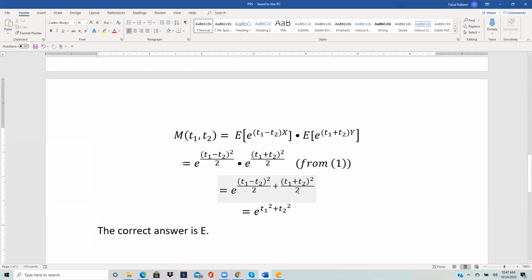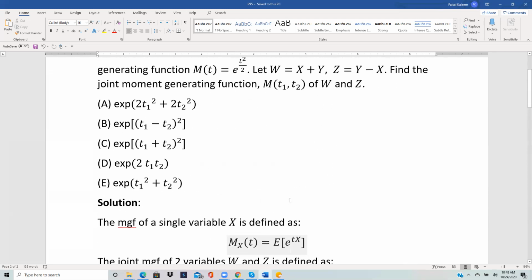You add them and the middle terms cancel out, and you have 2 t1 squared plus 2 t2 squared, divided by 2, so you get t1 squared plus t2 squared in the end, and that is choice E.